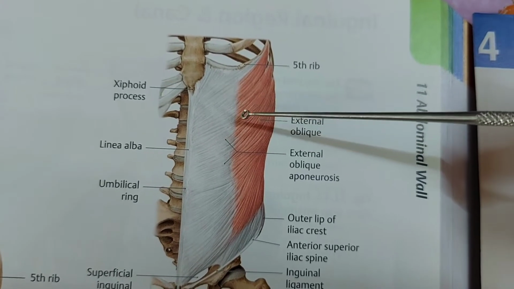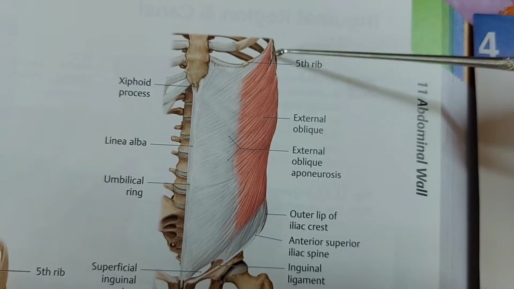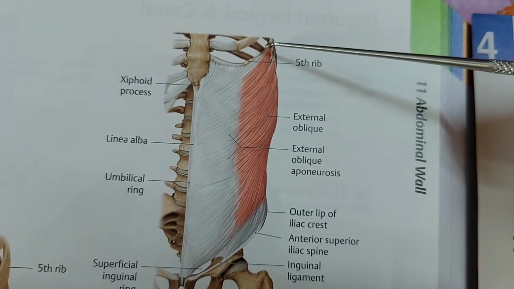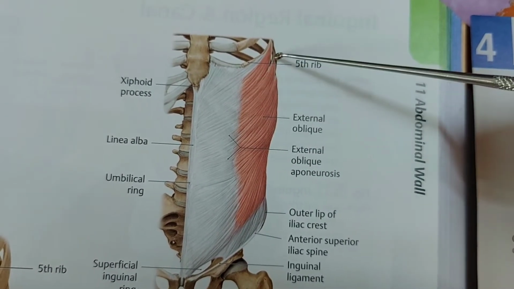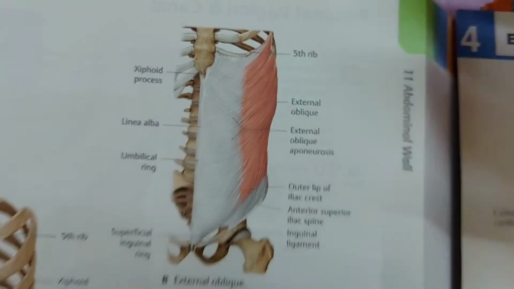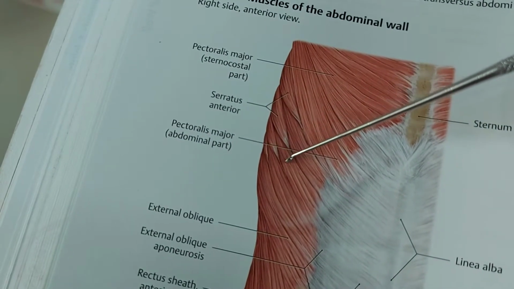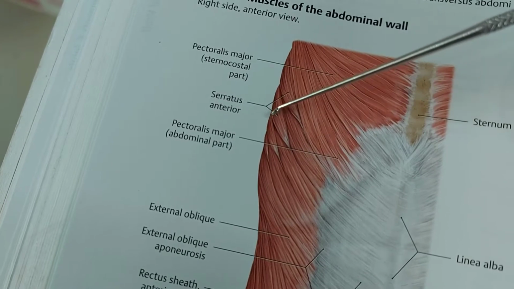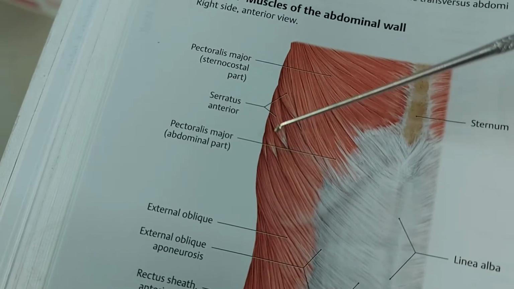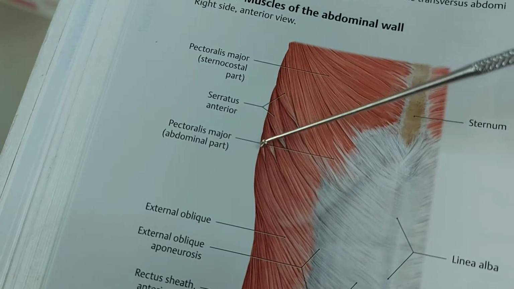This external oblique muscle originates from the lower 8 ribs, through fleshy slips. Here we can see there is one slip, there is another slip. The upper 4 slips of this external oblique interdigitate with the serratus anterior muscle.